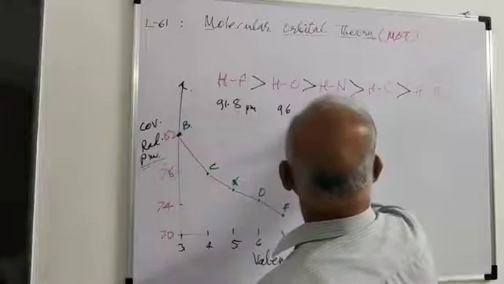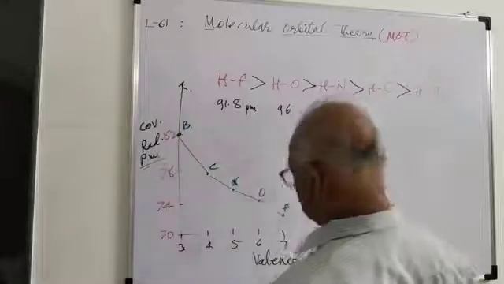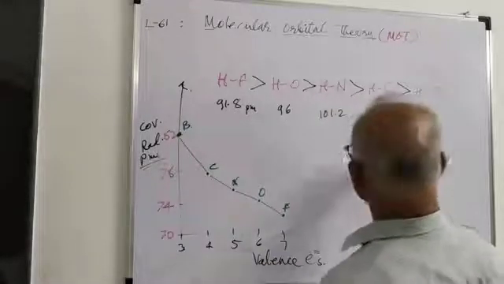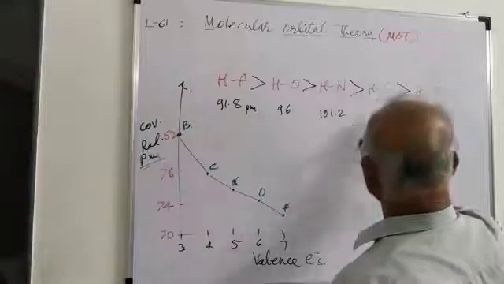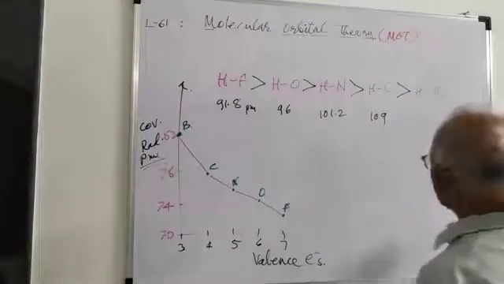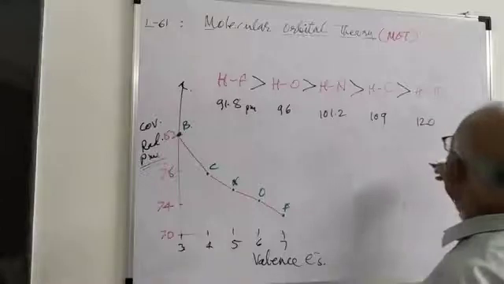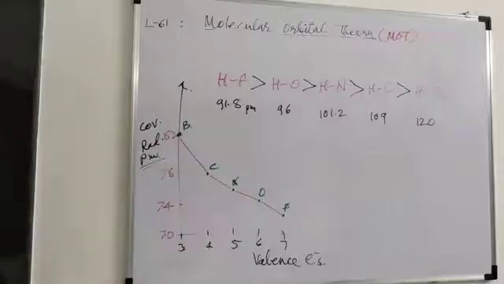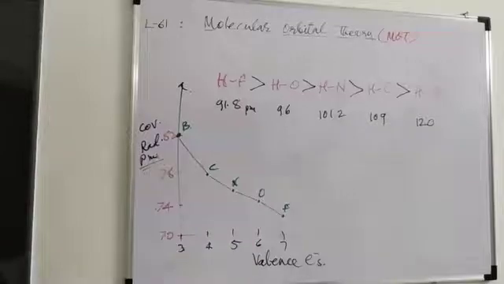It is 101.2 in the NH bond, 109 in the hydrogen-carbon bond, and 120 in the hydrogen-boron bond. So these bond distances are more than expected values. The values of the bond distance are larger than the expected values of covalent radii.